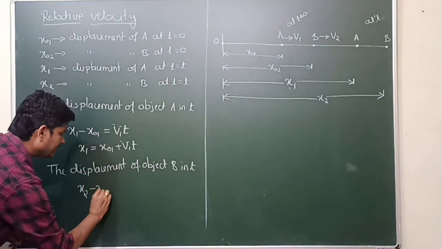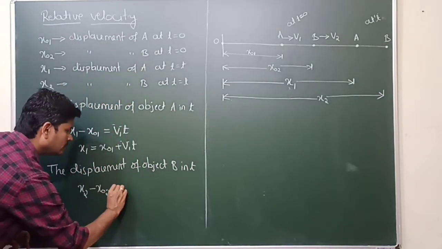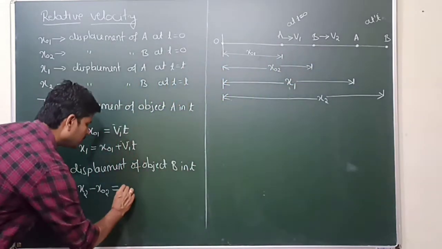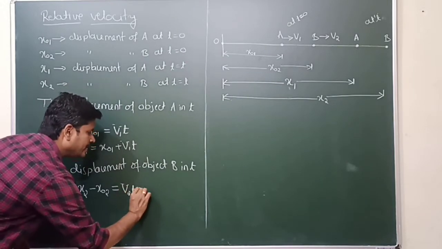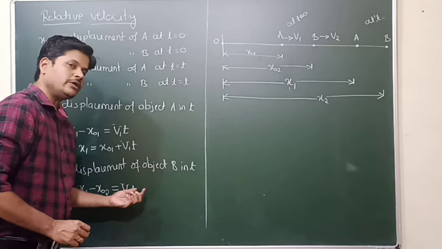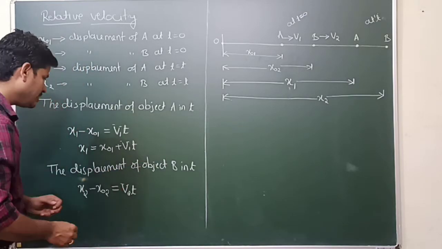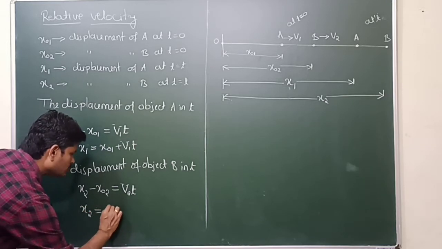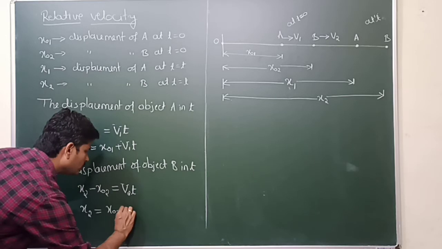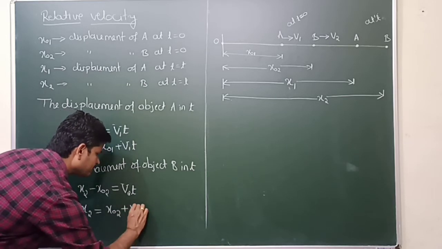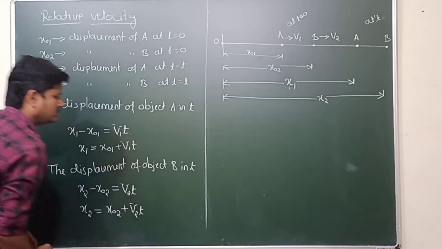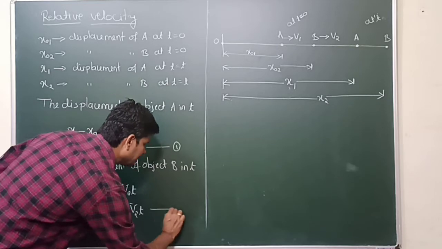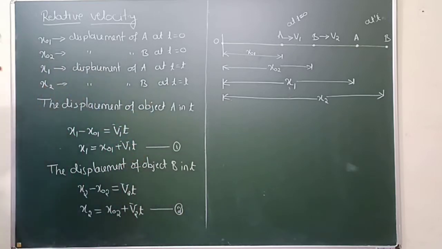Then x2 minus x02, since the object B is moving with a velocity v2, it is v2 into time, correct? v2 into time is nothing but the displacement only, right? Or otherwise x2 equals x02 plus v2 into t.